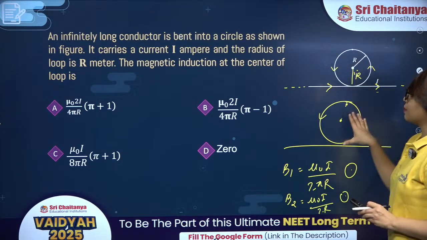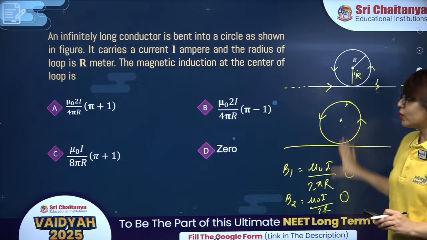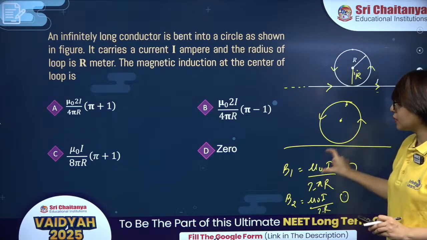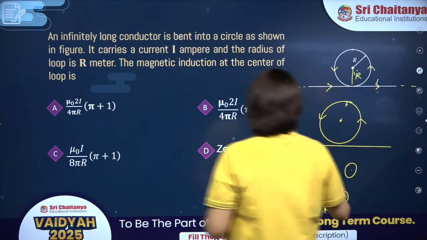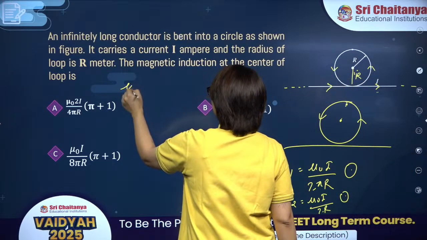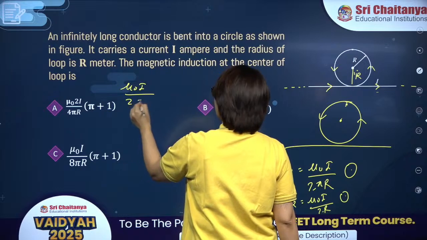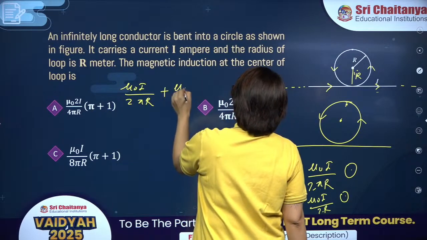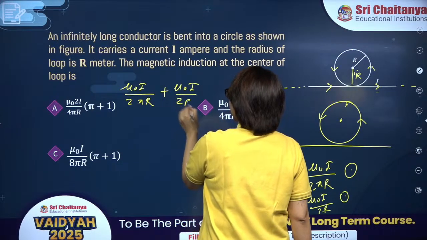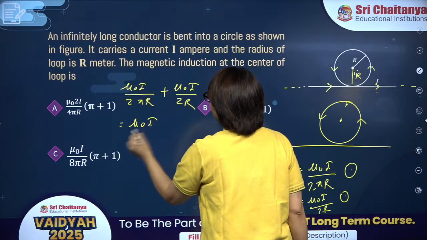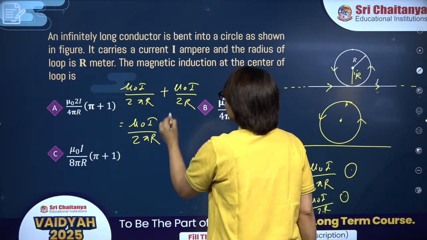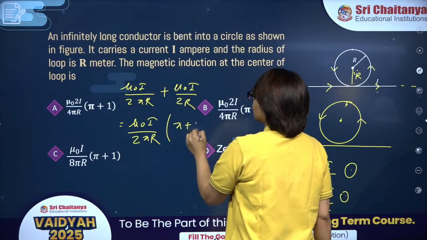So both of these magnetic fields are parallel. You can add these two to get the total magnetic field. So total magnetic field will be B1 plus B2, which is mu naught I divided by 2 pi r plus mu naught I divided by 2r. You can take mu naught I divided by 2 pi r common, and it will be pi plus 1.